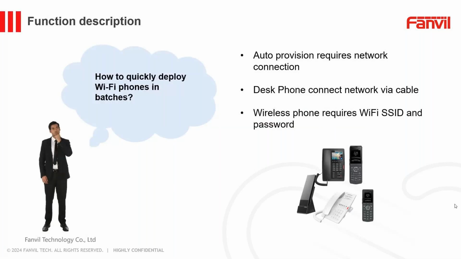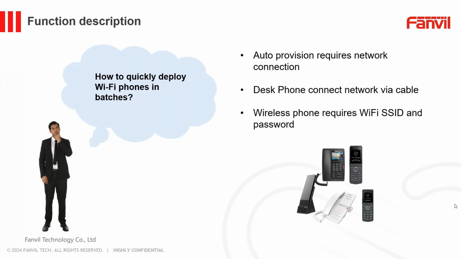Fanvil devices require a network connection for auto provisioning. Meanwhile, we have desk phones that require only cables and a wired connection to connect to the network. When we have many Wi-Fi phones in batches, it is difficult to configure all the devices manually.